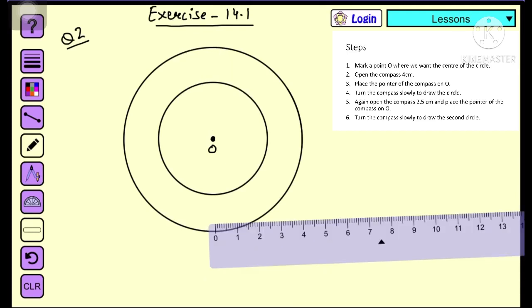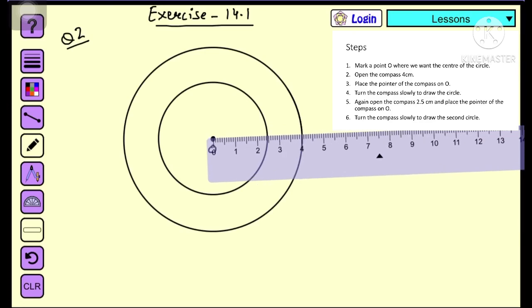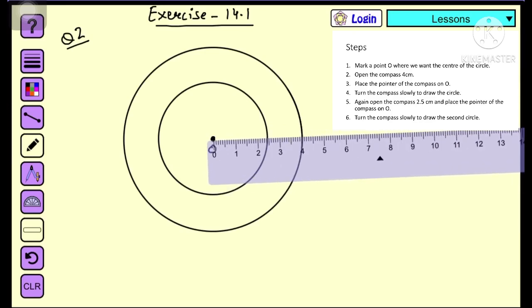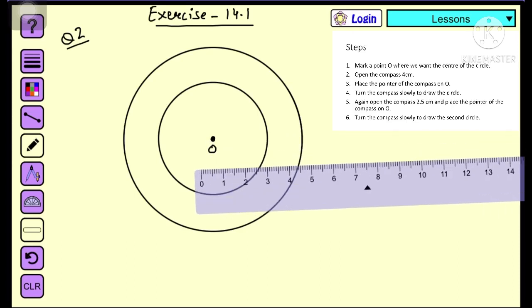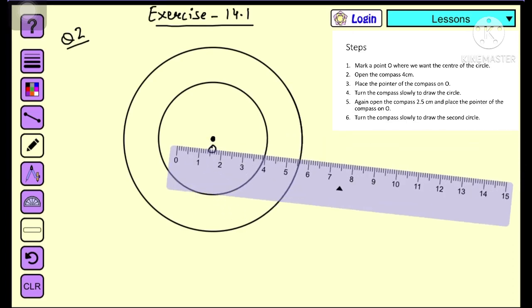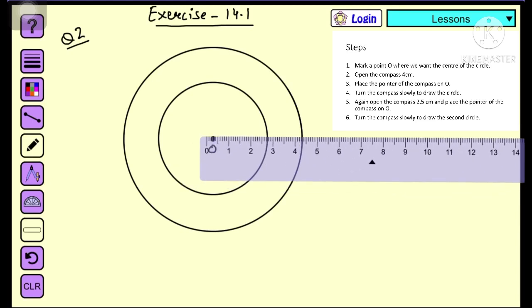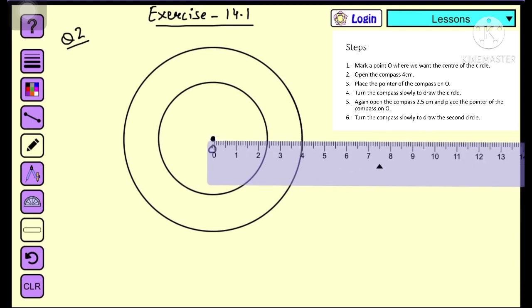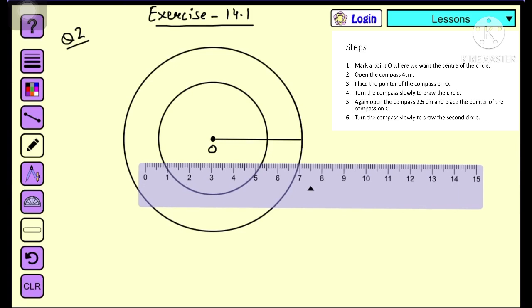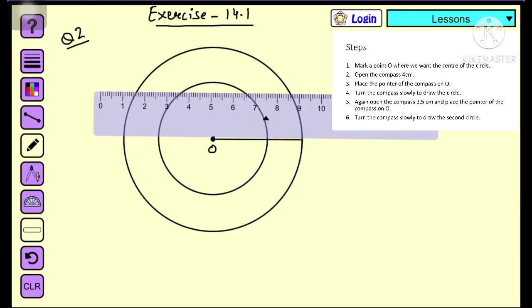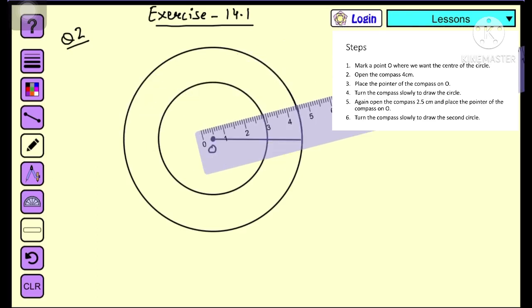Now you can measure the radius of the circle. It is 4 centimeter, you can see. Correct? And now you can again measure the radius of the inner circle.